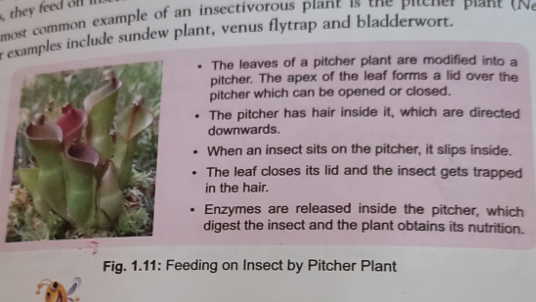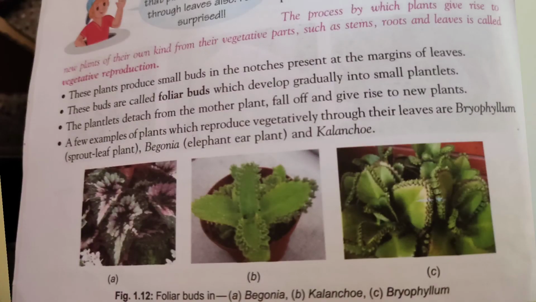The leaf closes its lid, and the insect gets trapped in the hair. Enzymes are released inside the pitcher, which digest the insect and the plant obtains its nutrition. So this is how the feeding on insects by pitcher plant is done.